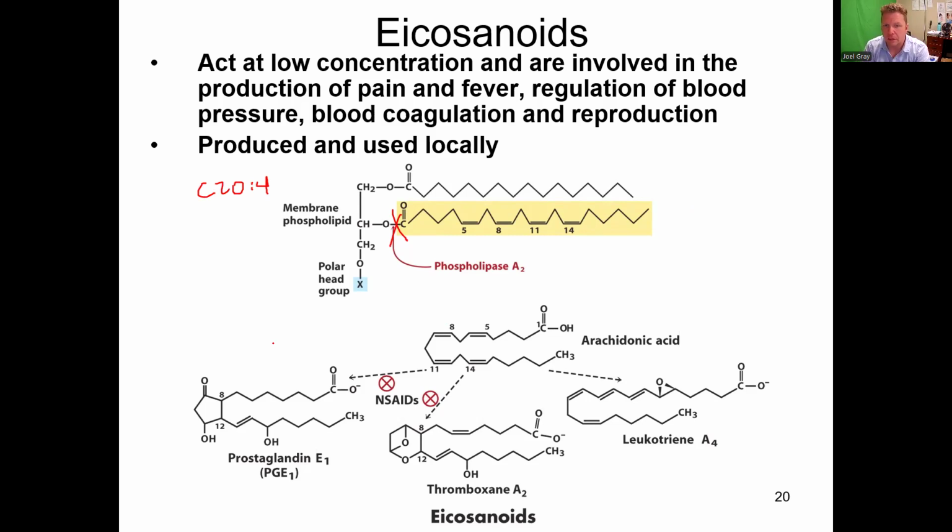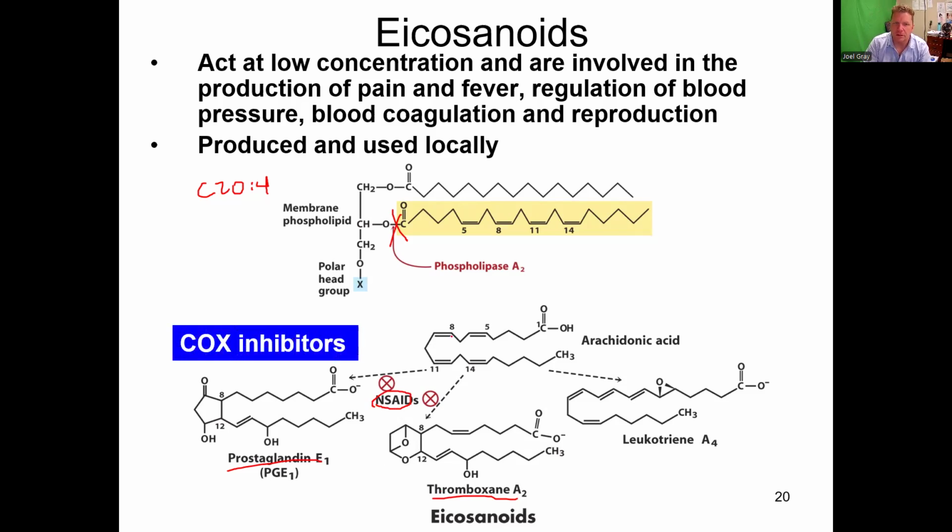This arachidonic acid is going to act in a couple of different directions. One way that it can act is it can cyclize to form prostaglandin E1 or thromboxane A2. Prostaglandin E1 and thromboxane A2 are going to help your body produce a fever, and you might feel pain where they are concentrated, but you take a drug known as a non-steroid anti-inflammatory drug that blocks the formation of these two.